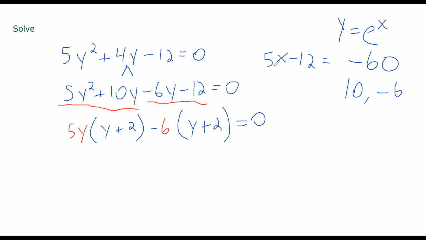So I'm going to end up with y plus 2, and I'm going to be left with 5y minus 6 equals 0. Then I solve each.